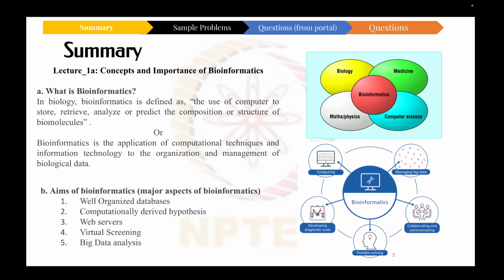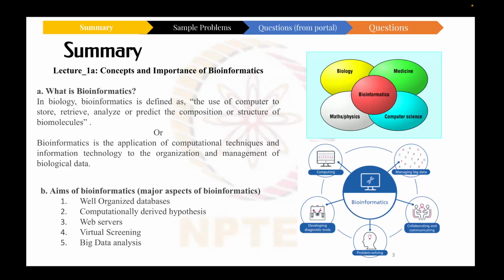For example, we have web servers to predict the stability of a protein, that is, to predict the free energy of a protein, or we also have web servers to predict the binding affinity of two interacting proteins or of any protein complexes, and we also have web servers to predict whether a given mutation is a cancer driver mutation or a passenger mutation. So these give us an alternative to experimental studies.